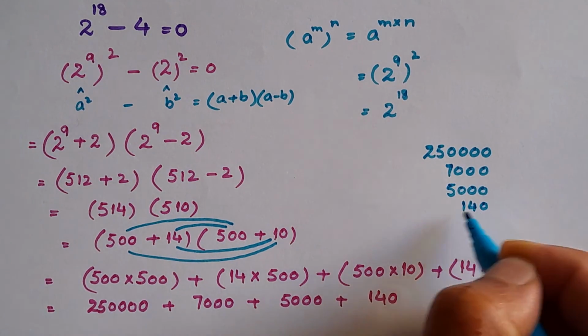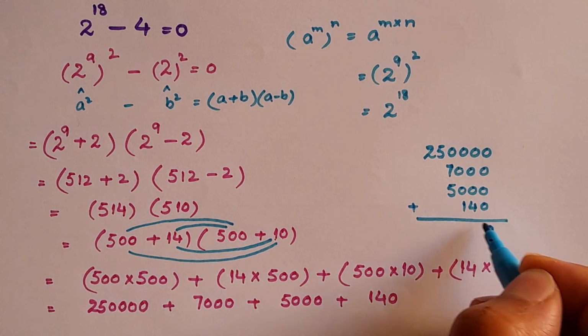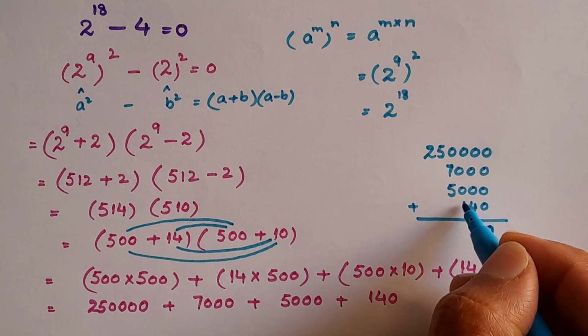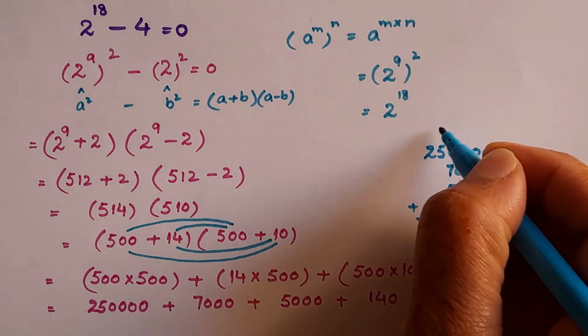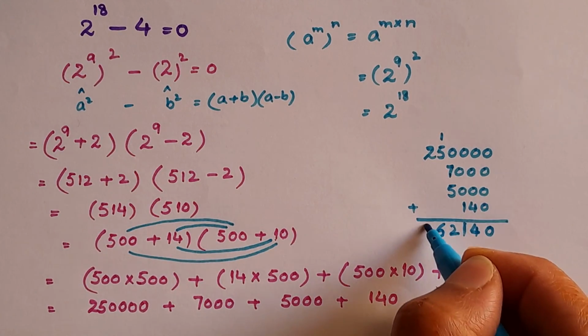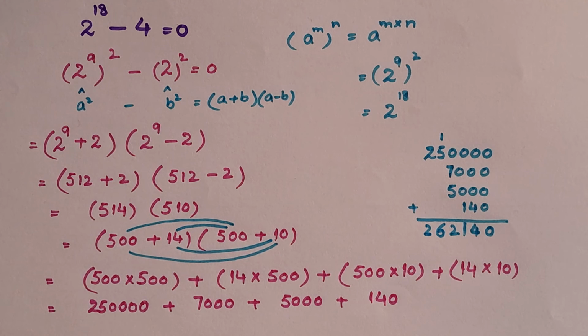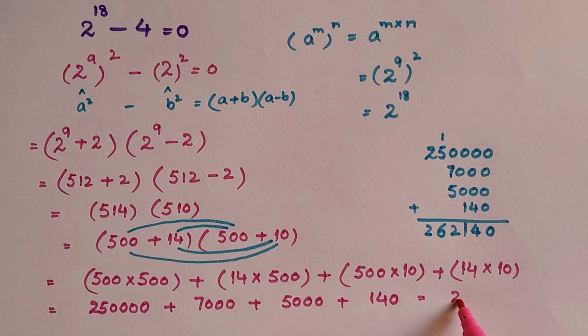Here we have 0, 4, 1, 7 plus 5 is 12, 1 carry, 5 plus 1 is 6, and here we have 2. So this is equal to 2,62,140, which is the final and required value.